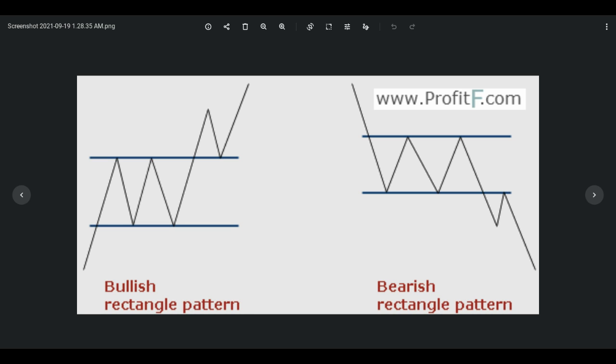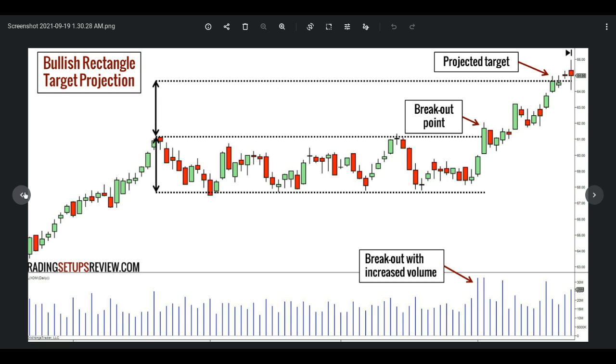And so I just want to make sure we get a clear view. It could be bullish or bearish. It can break out in any direction, but this is what it looks like. It's also known as consolidation.